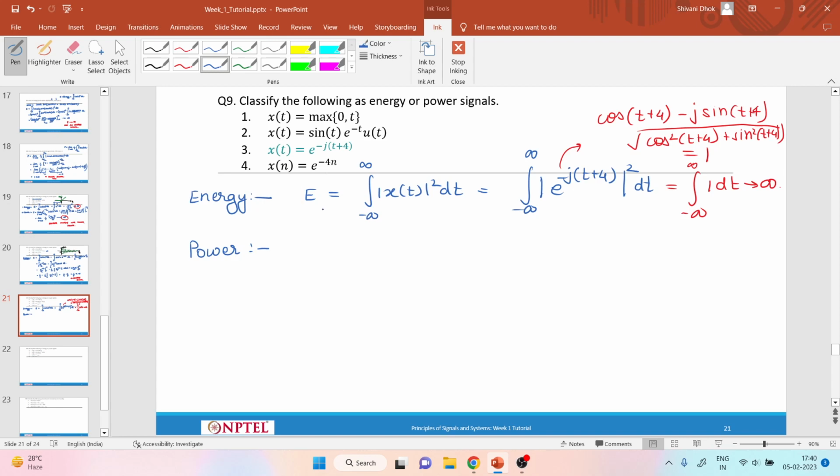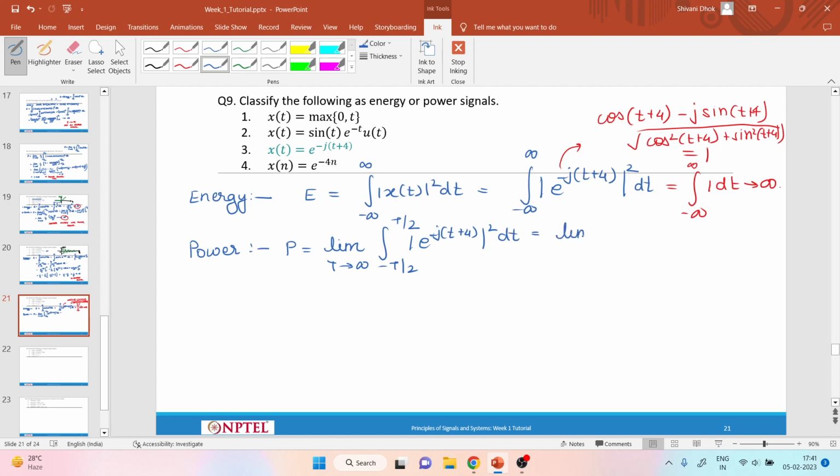So now let us see if it is a power signal. Let us look at power P as limit t tending to infinity, 1 by t, integral from minus t by 2 to t by 2, mod of e power minus j t plus 4 square dt.